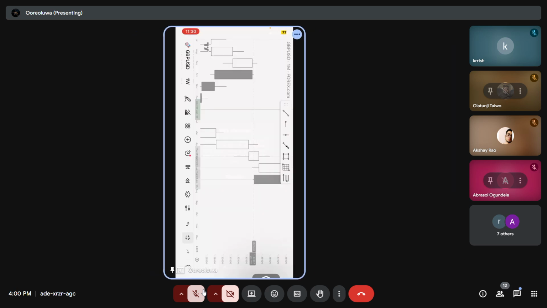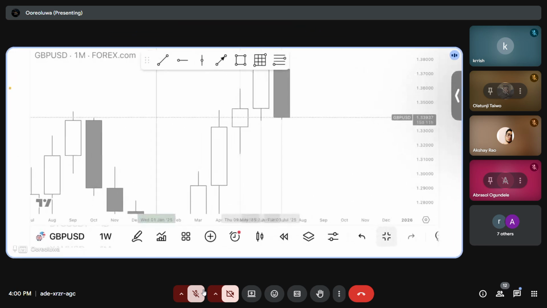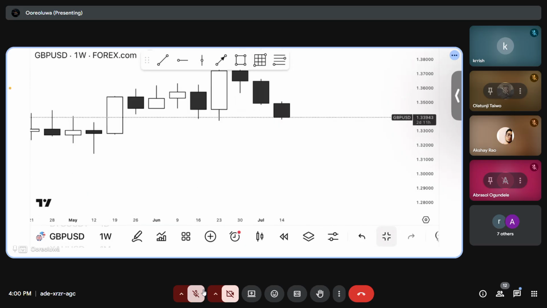I will refine this trade to the extent of taking a very nice sniper entry. Or even if it's not a sniper entry, at least you'll be in the week of the higher time frame candle.